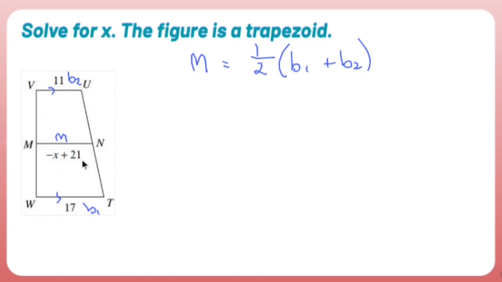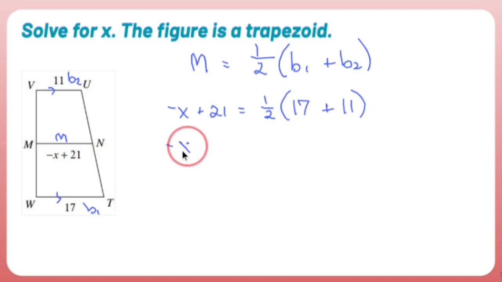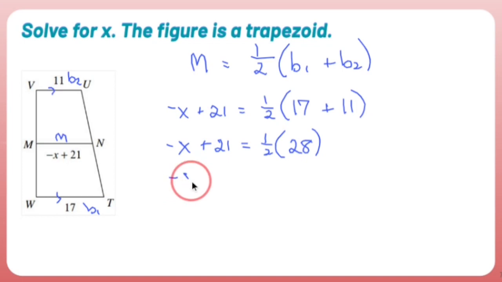If I were to use this information to solve for x, I would say that the median, negative x plus 21, equals 1/2 of base sub 1, which I called 17, plus base sub 2, which I called 11. So PEMDAS says let's do everything inside the parentheses first. So 1/2 of 17 plus 11 is 1/2 of 28. Negative x plus 21. 1/2 of 28 is 14.